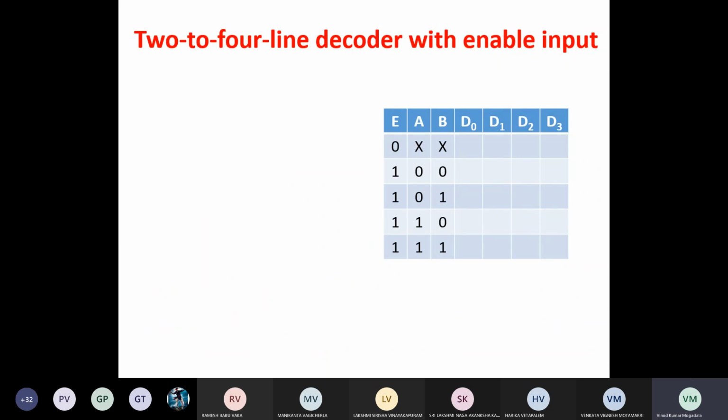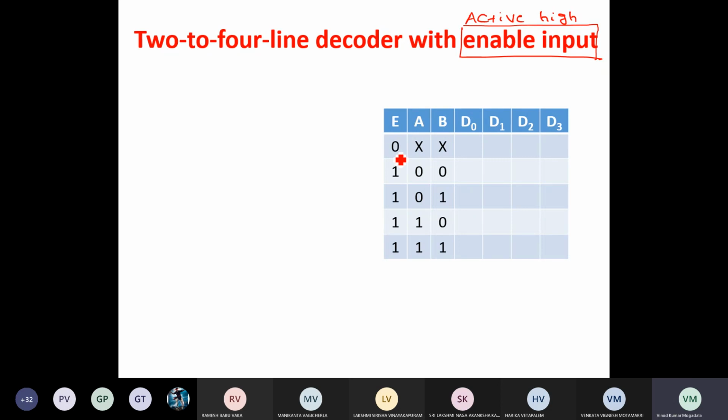So first we'll see the 2 to 4 line decoder with enable input. We will see what is the purpose of the enable input. Here we are considering an active high enable input. Why?